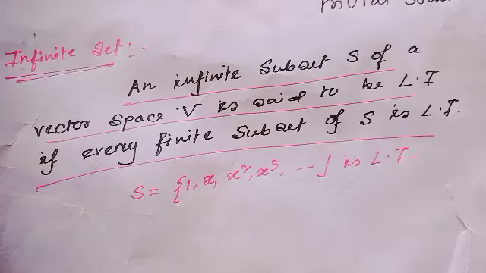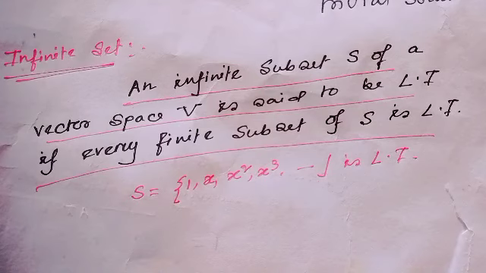Now I will discuss another type of linearly dependent and independent set. Till now I have discussed linear dependence and independence of a finite set. Now I will discuss the infinite set.